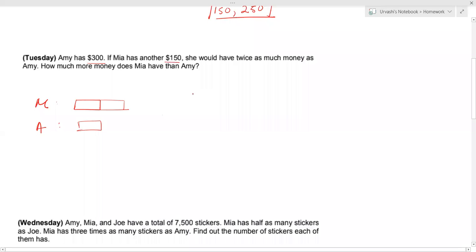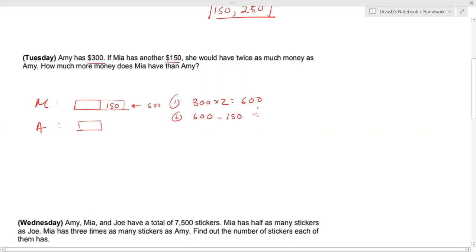After that I filled in the second box 150, because it said if Mia has another 150, so I just wrote that. And after that I did 300 times 2 is 600, and then 600 is the total of Mia's, and then 600 minus 150 equals 450.